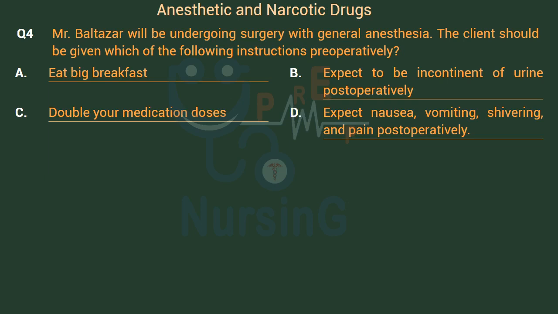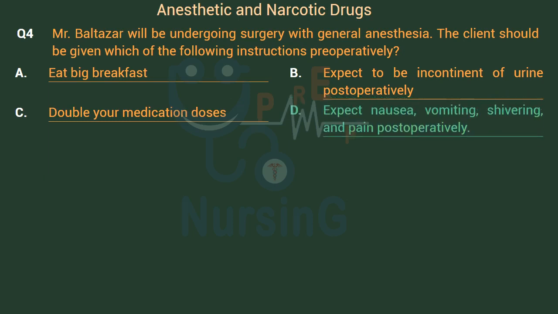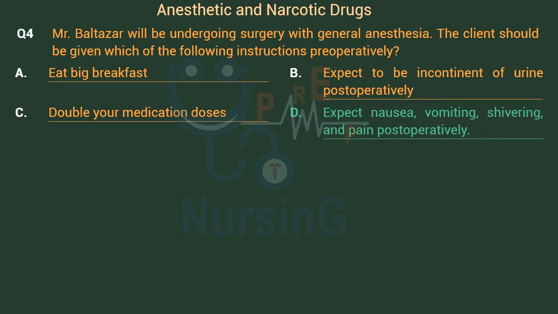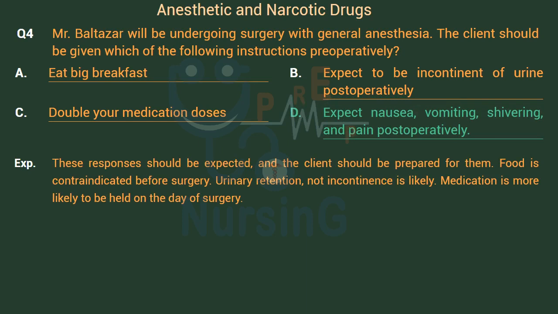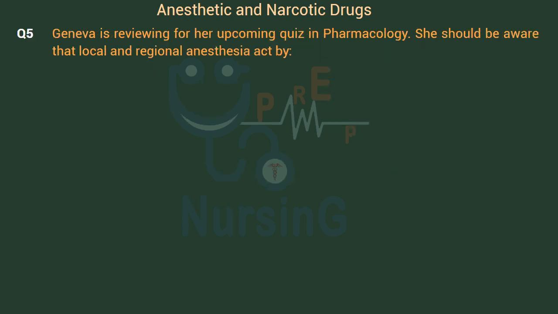Right answer is Option D. These responses should be expected, and the client should be prepared for them. Food is contraindicated before surgery. Urinary retention, not incontinence, is likely. Medication is more likely to be held on the day of surgery.